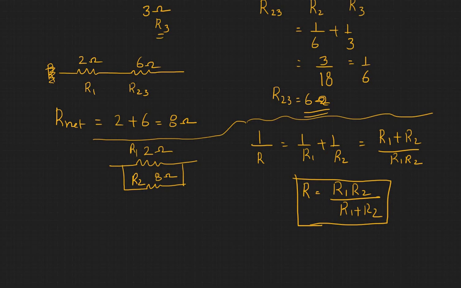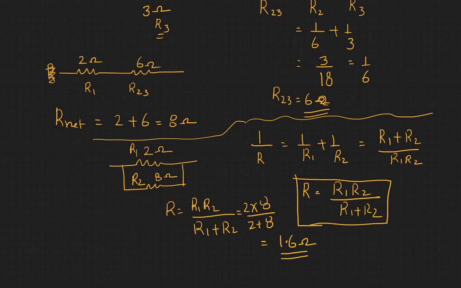So your net resistance would be R is R1 R2 by R1 plus R2. That is 2 into 8 divided by 2 plus 8. That would amount to 1.6 ohms. So that's how you can easily find the net resistance.